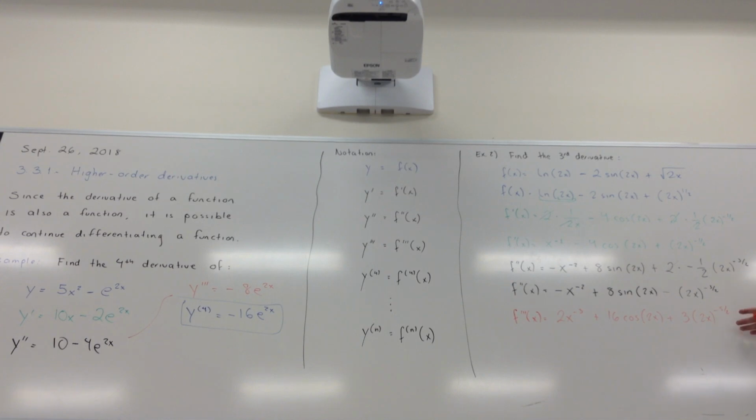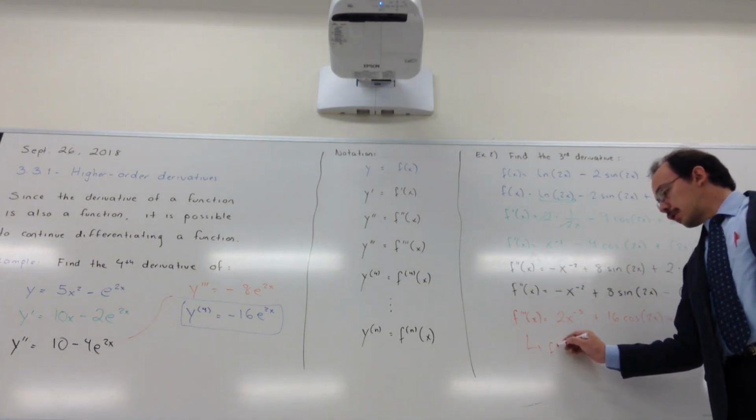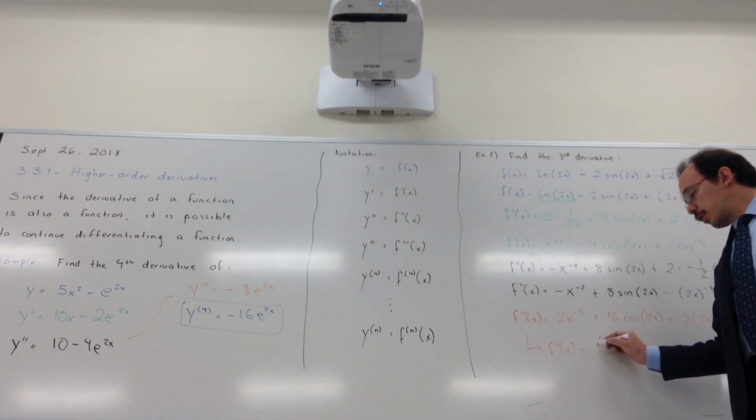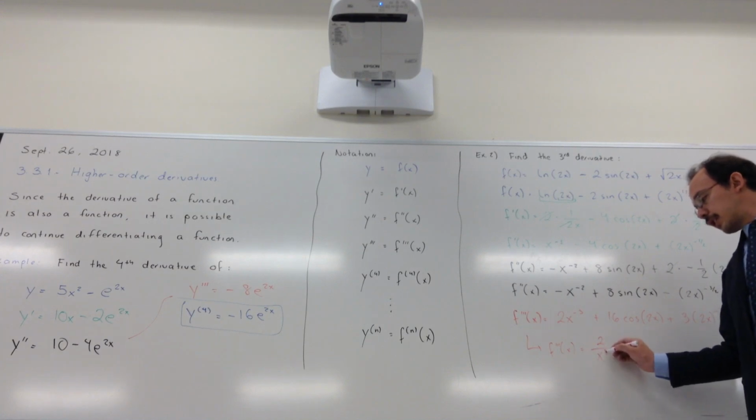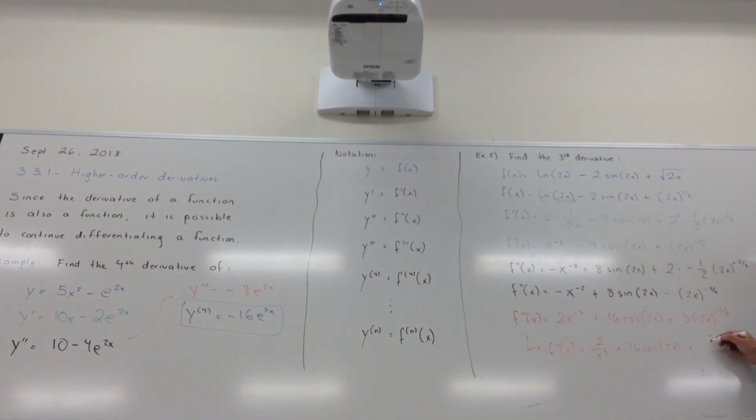This is my final answer, but do I need to rewrite? Yes. So the real final answer will be 2 over x to the cube plus 16 cosine 2x plus 3 over square root of 2x to the 5th power. And that's the answer.